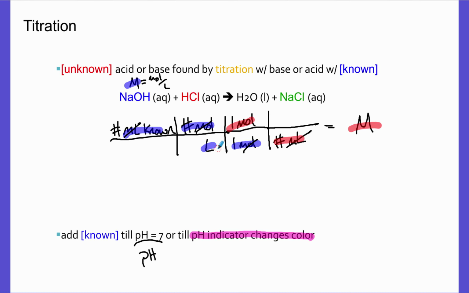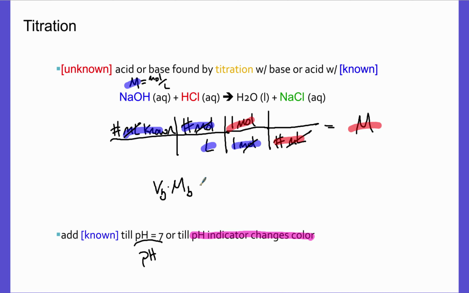So at the end of the day, what happens here can be simplified into an equation that looks like this. I have a volume of my base, and I multiplied it by the molarity. So I might put VB, MB, or in the other order, it could be MB, VB. Doesn't really matter which way because I'm multiplying here.